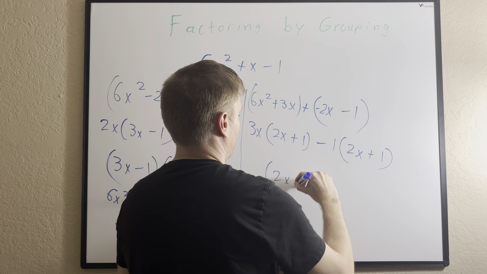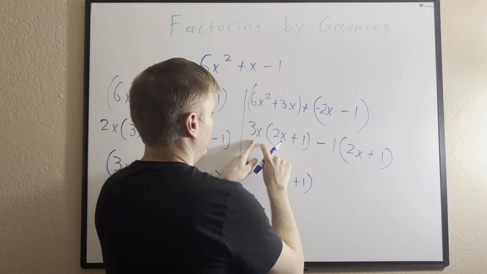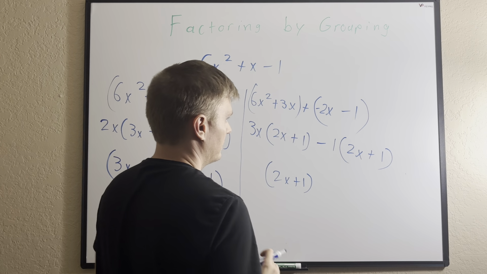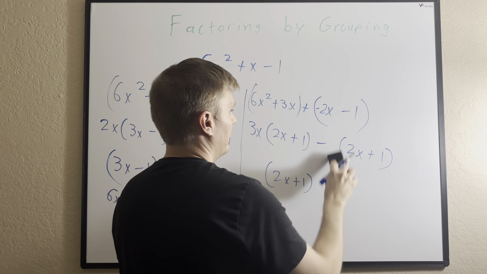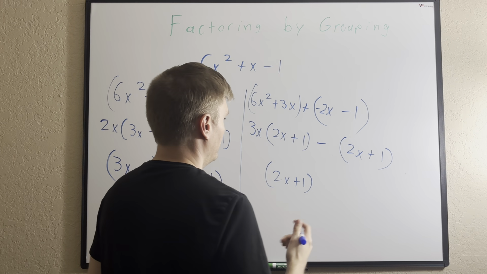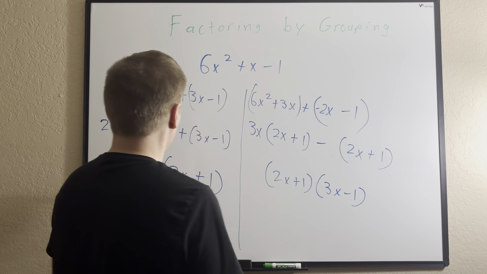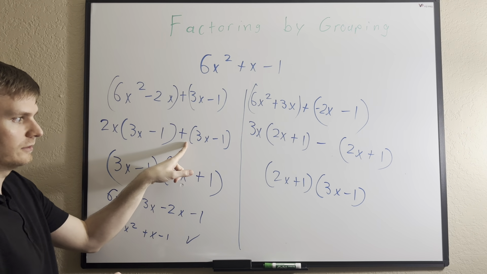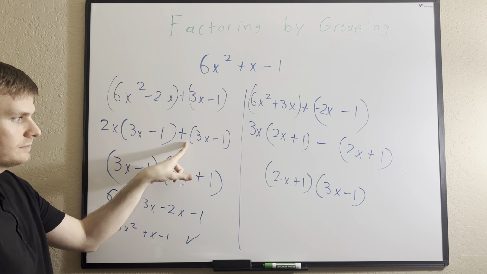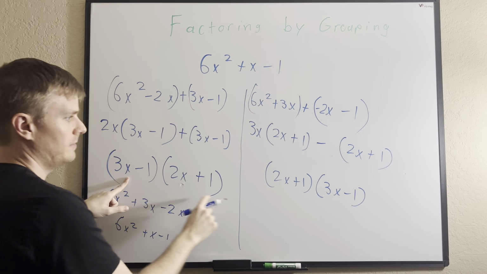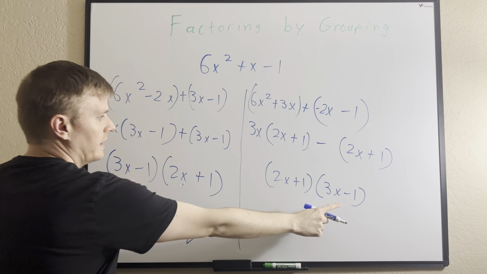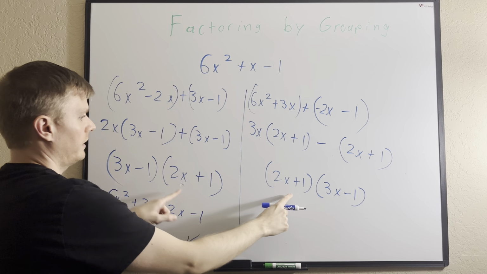So we'll take that out. And what's left is the coefficients. Now, I don't have to write that 1, actually. It's understood 1, just like over here with this understood 1. And look, same answer. 3x minus 1, 2x plus 1.